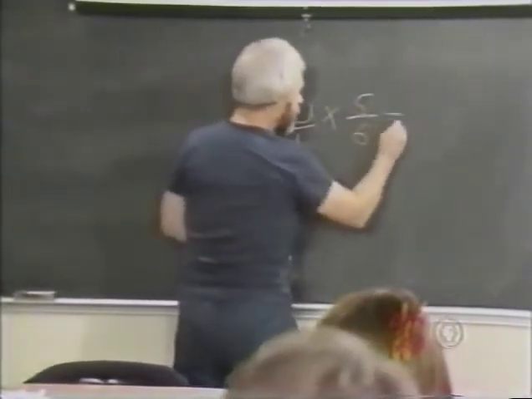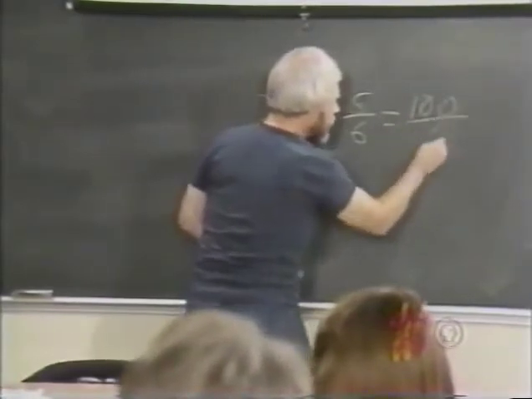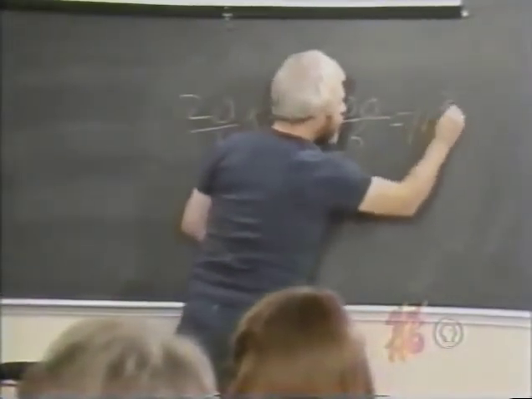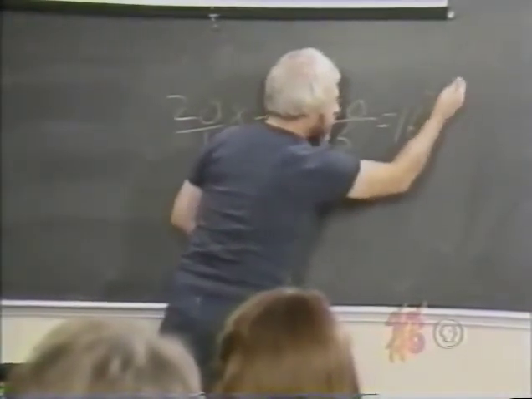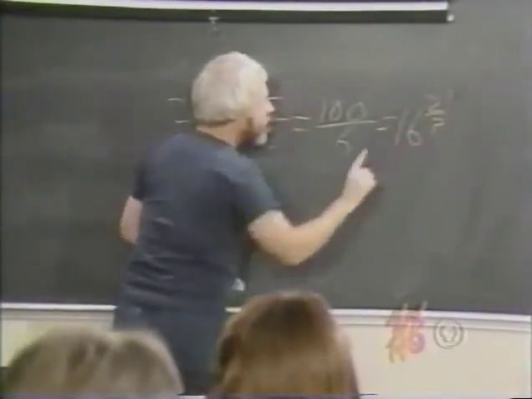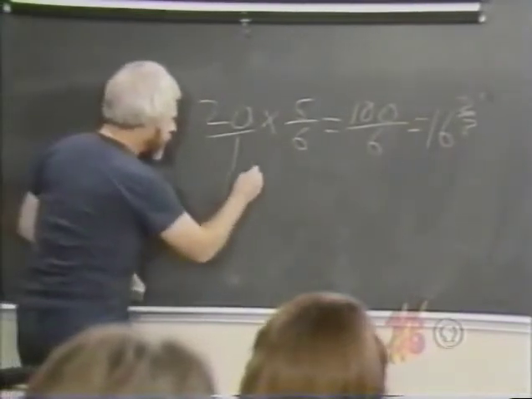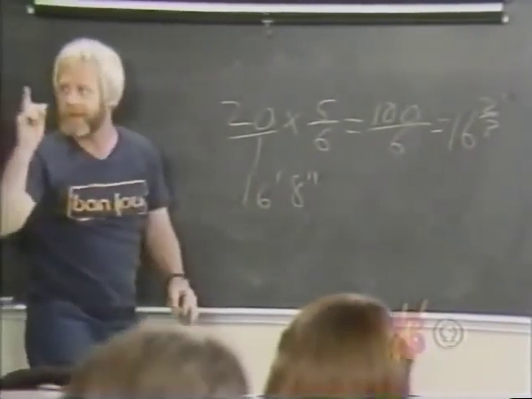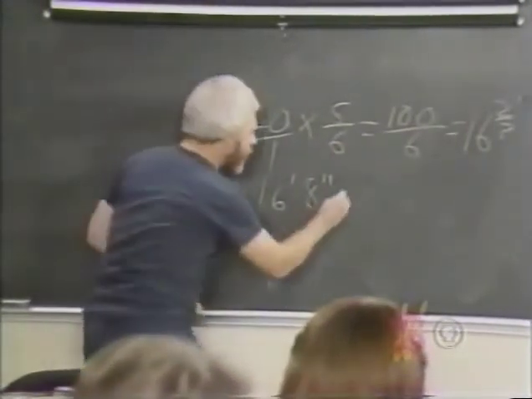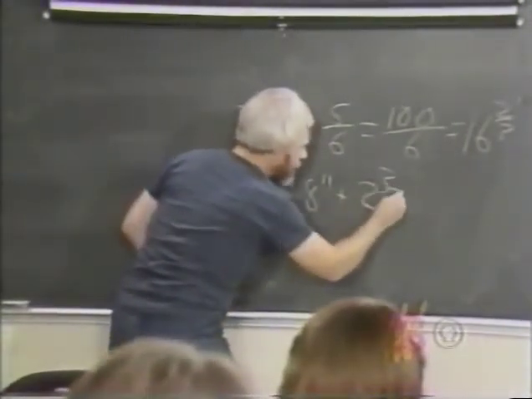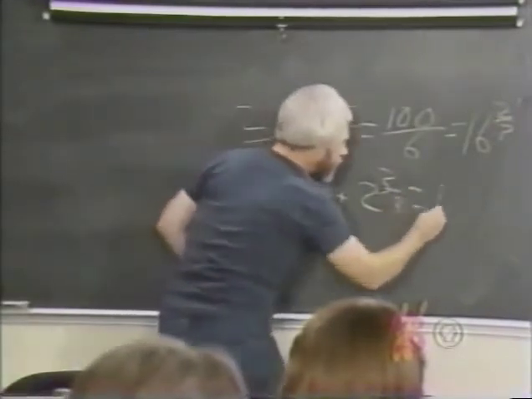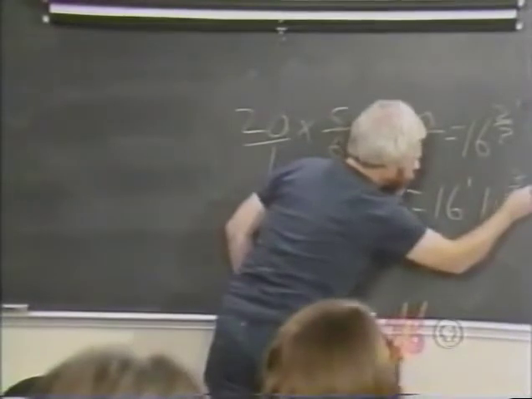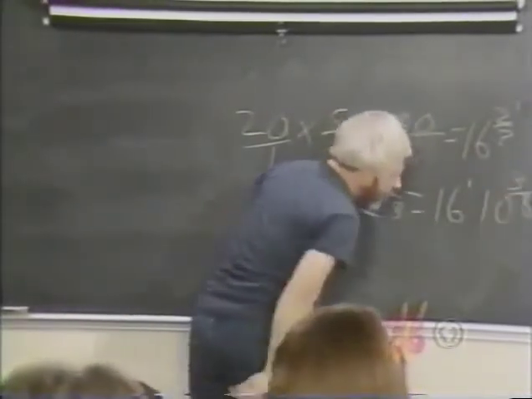We'll make that a fraction, so it'll be 100 over 6, which is equal to 16 2/3 feet, which is the same as 16 feet 8 inches, plus the 2 3/8 inches that we lost in the shavings, or a total of 16 feet 10 3/8 inches.